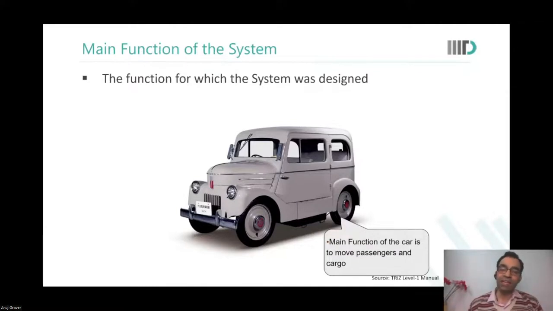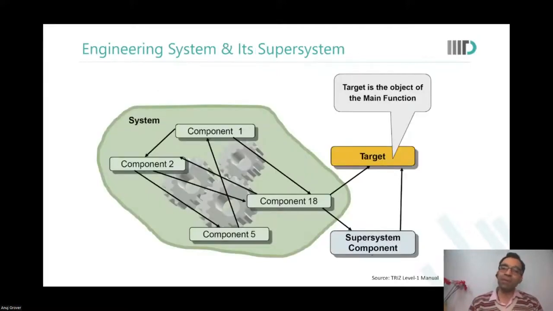So whenever we start to do function modeling, the first thing to do is identify the main function of the engineering system. Now, the object of the main function is typically a part of the super system, and it is called the target.